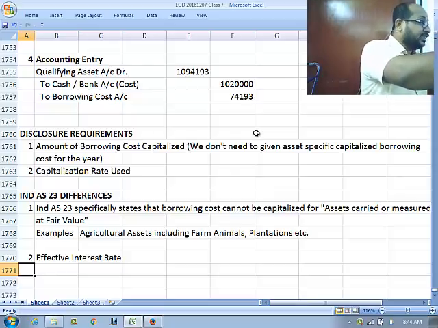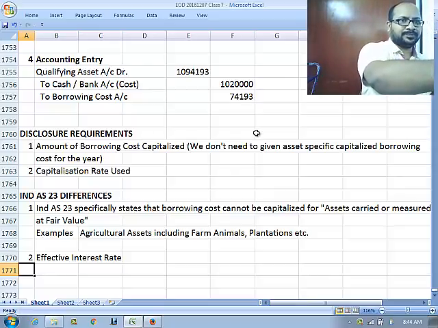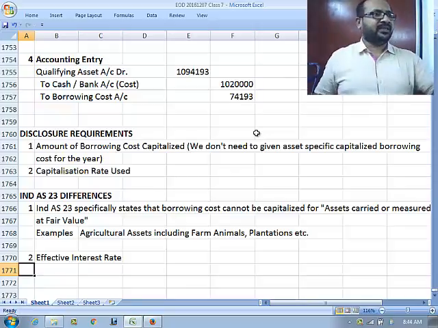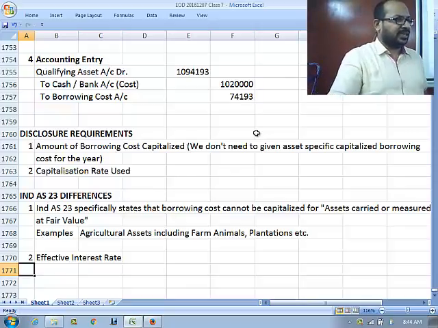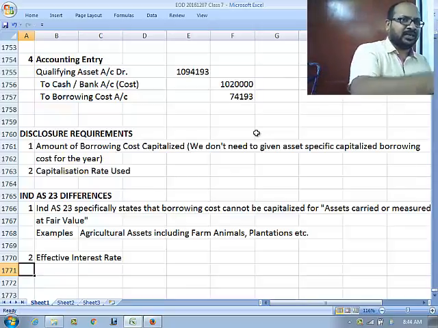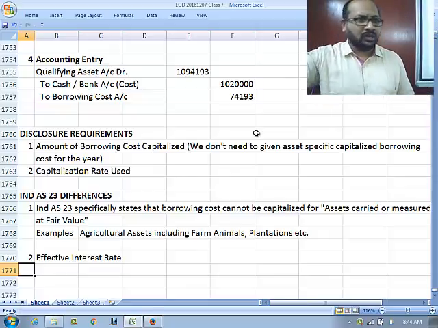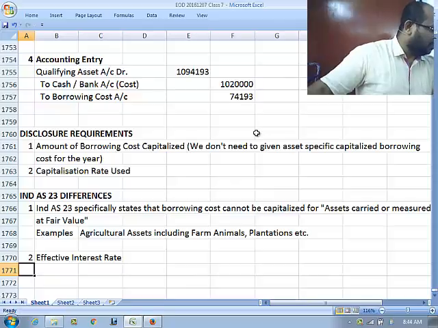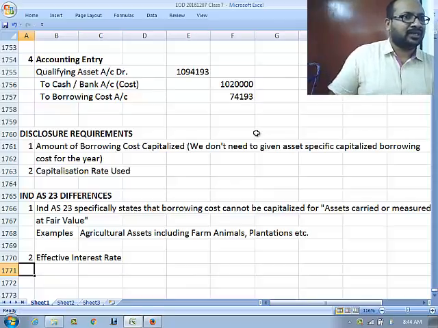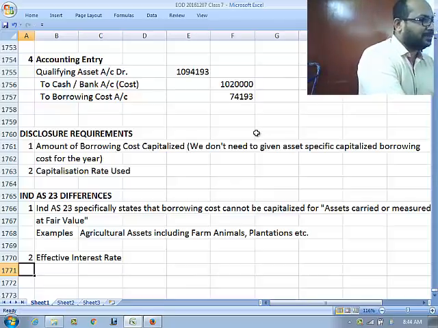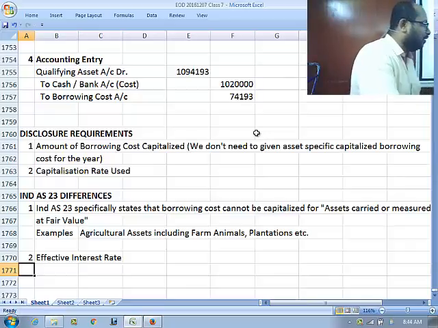But 10% is on face value. 100 lakh 10% is 10 lakhs. They say the interest rate. Your effective interest rate is something else. Every year you are going to pay 10 lakhs on 90 lakhs probably, and therefore 11% is your interest rate. We call it as effective interest rate. Simply, like internal rate of return. That is what we will be using.